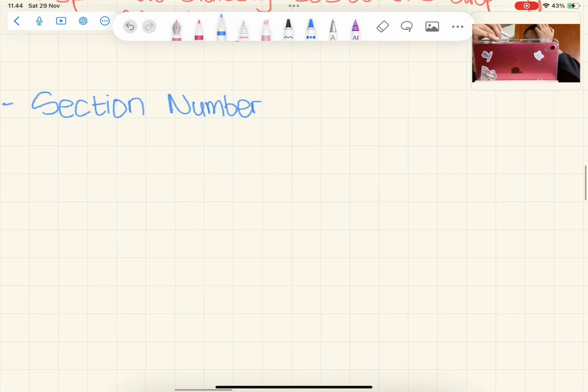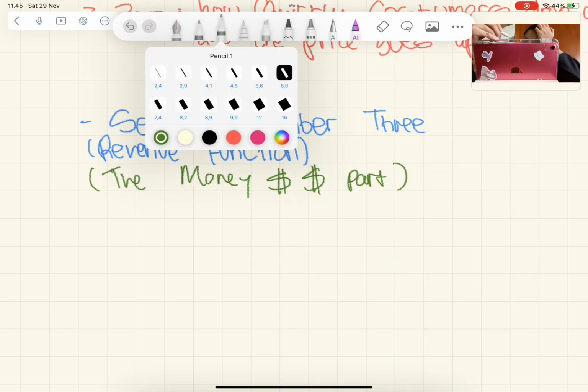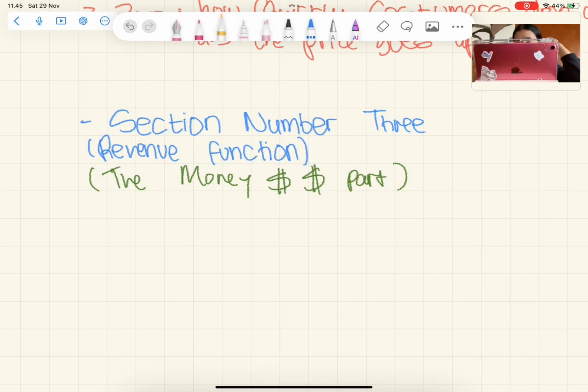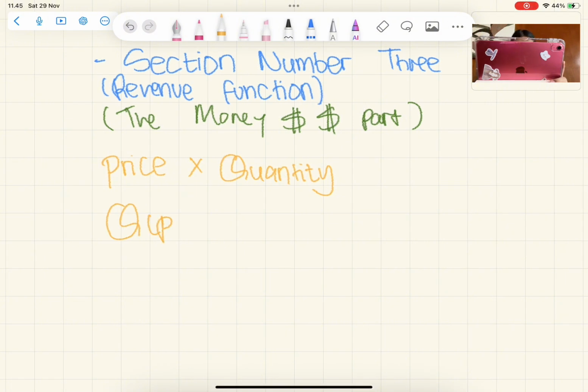We're going to be moving on to section number 3, which I'm going to call the revenue function. I also call it the money part. What the promoter really cares about is revenue, and revenue is literally just price multiplied by quantity. So from then on, we plug Q(p) into the formula.